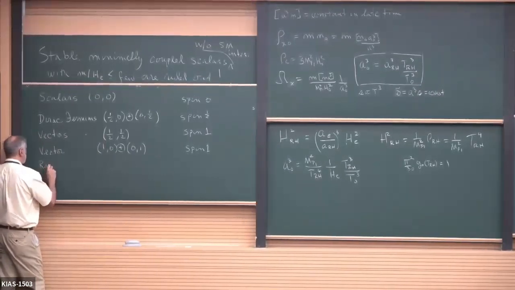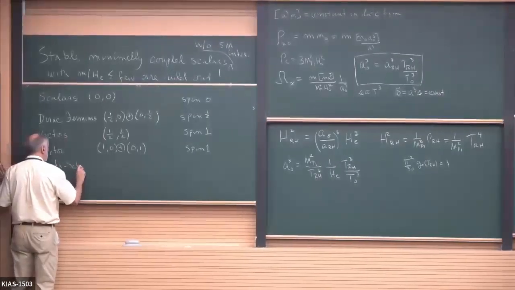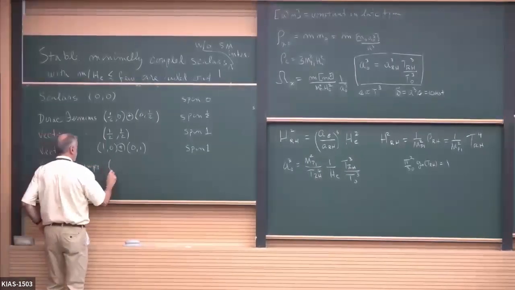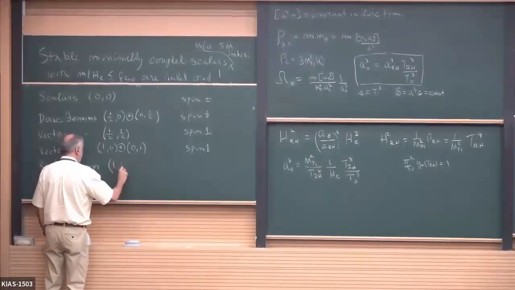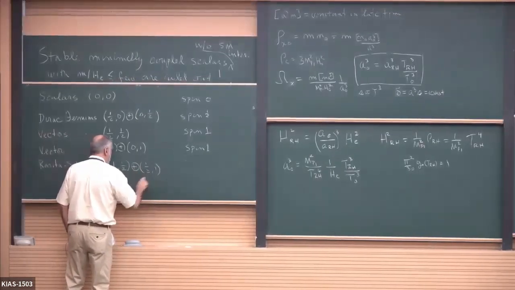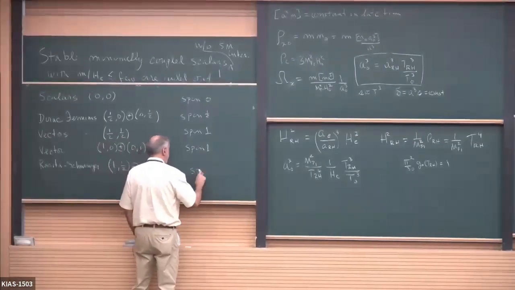Then we can have Rarita-Schwinger fermions that transform as the (1,1/2) plus (1/2,1) representation of the Poincare group. This has spin 3/2.